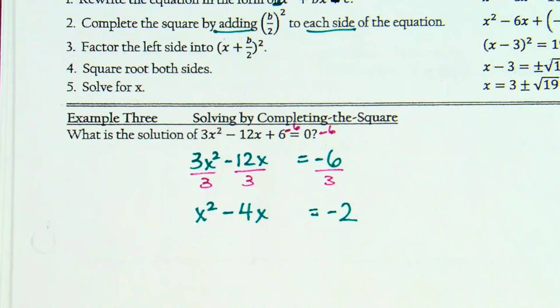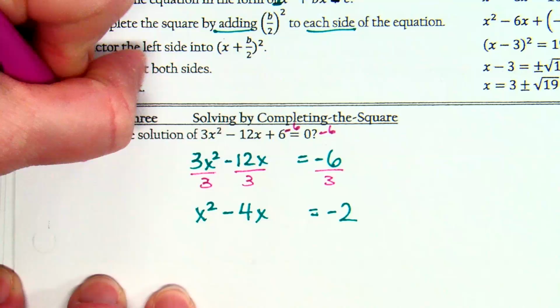Step 2. This is our new step. Complete the square. This is actually where we're completing the square by adding b over 2 quantity squared to each side of the equation. First of all, what is b? We're using our current b here.